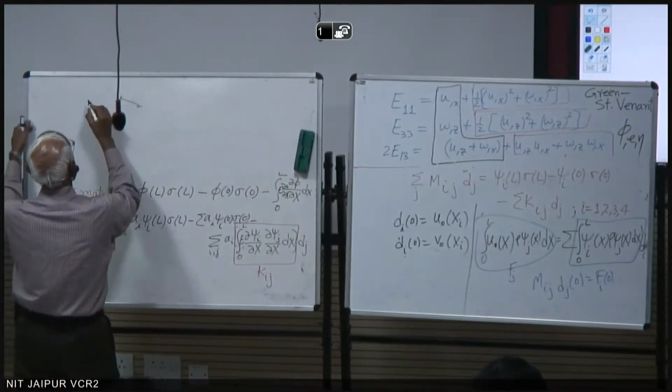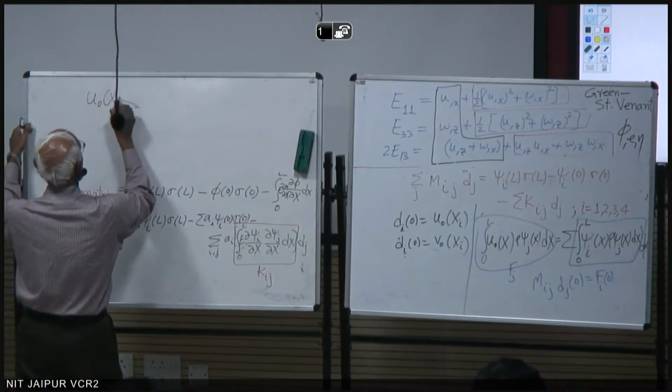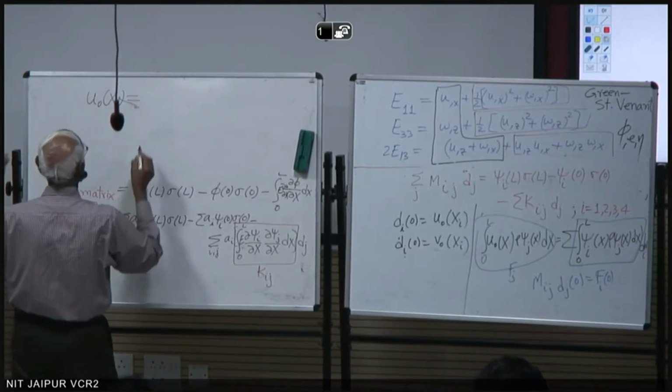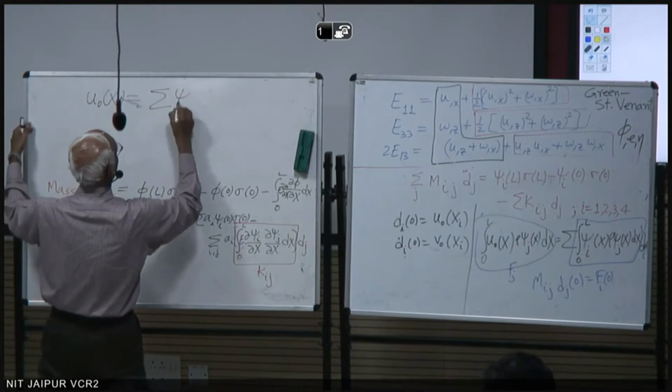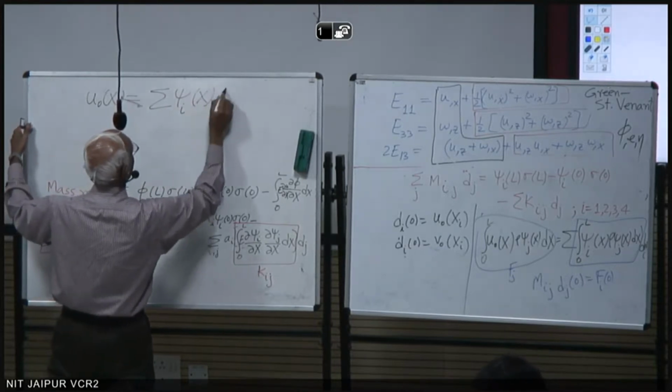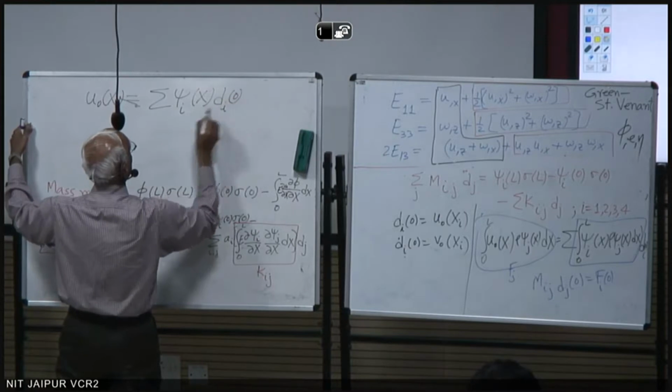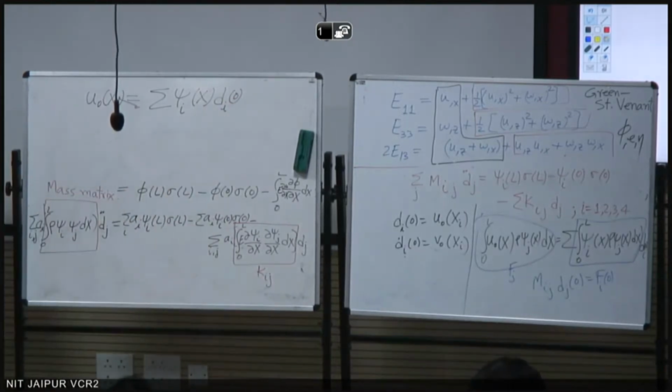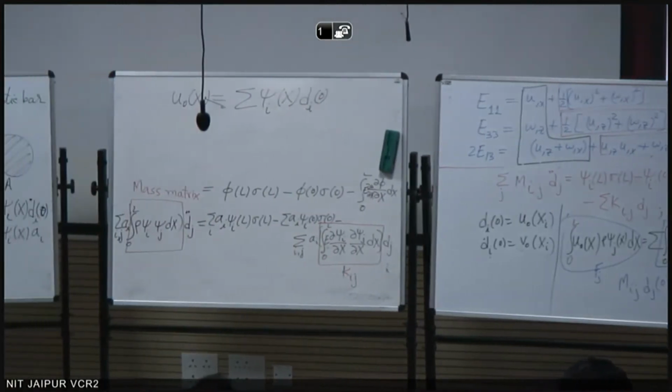So if you plug in time equal to 0, this should be equal to psi i of x di of 0. Right? That's from this expression here.